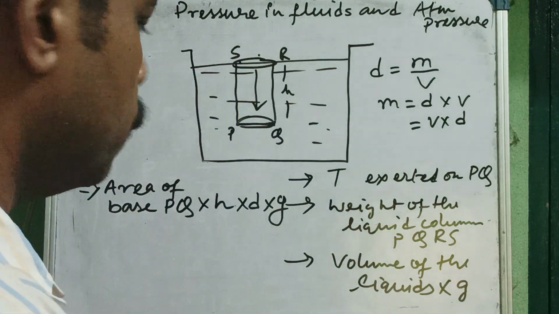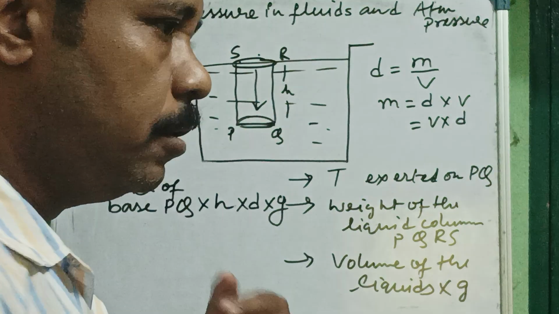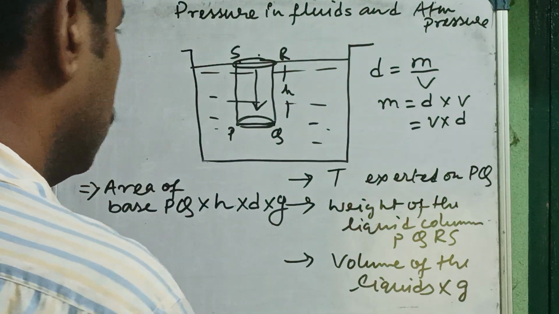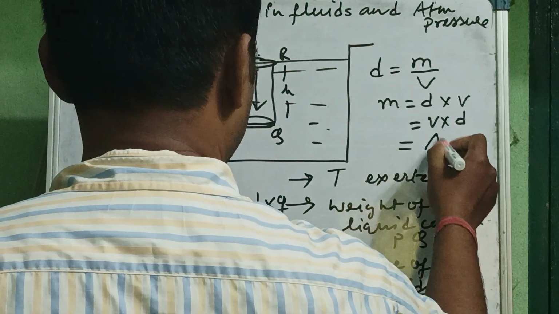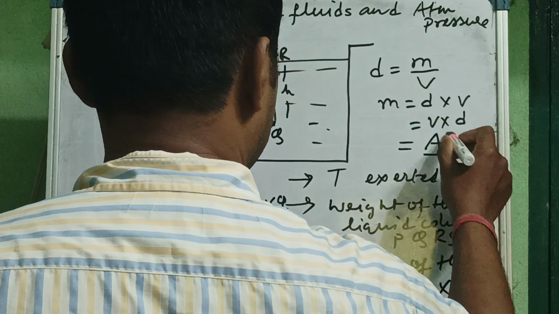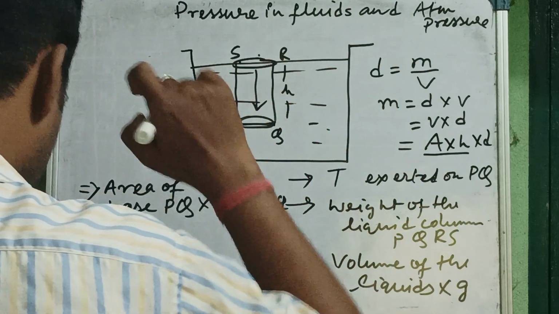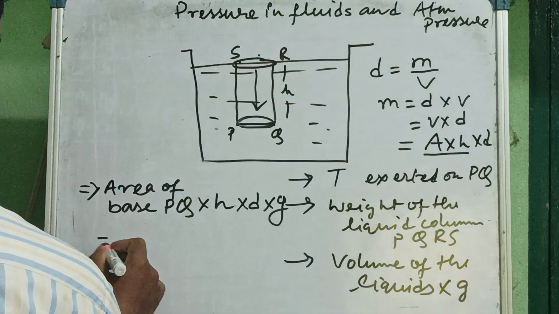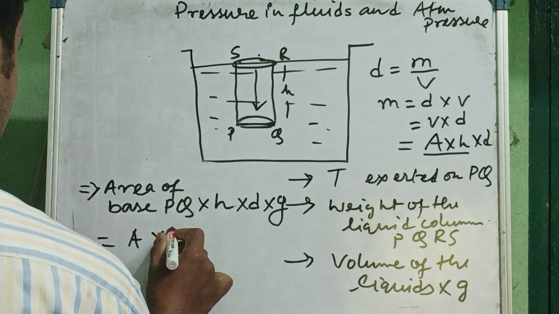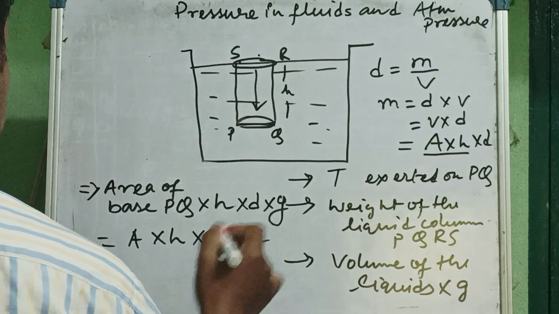Volume equals length into breadth into height, or volume equals area into height. So we can write this as A into h into d into g.